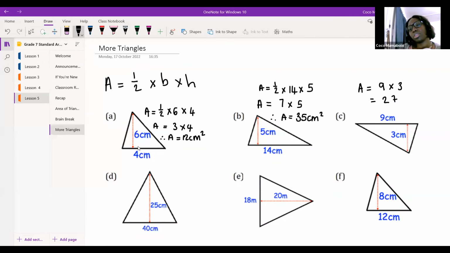Good. And then I said 27 divided by 2, which is 13,5 centimeters squared. Excellent. Exactly the same thing. We're doing the exact same thing, Gracious, you and I. It's just mine looks a little different from yours, but you're doing the right thing. Well done, my sweetie.